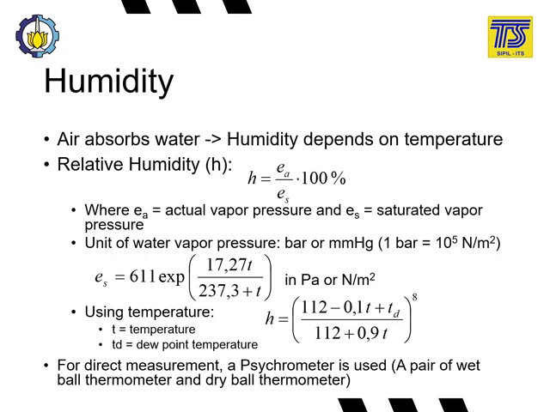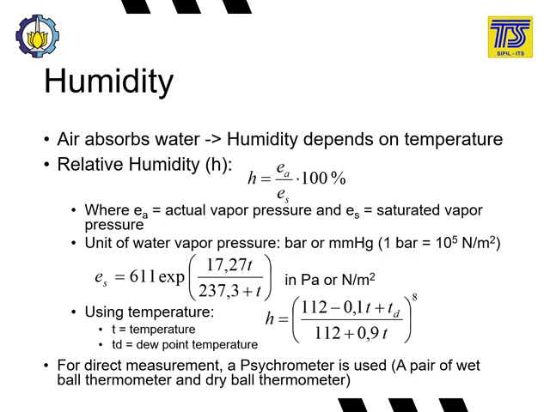This relative humidity can be calculated with the actual vapor pressure and saturated vapor pressure, so it becomes a percentage of humidity. The unit also depends, usually bar or millimeter of mercury, mmHg. And 1 bar equals 10^5 Newton per meter squared.